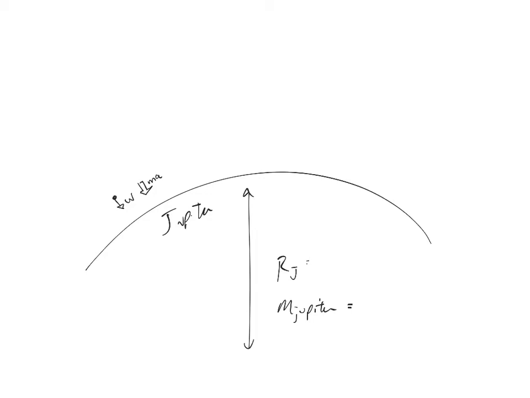Are you folks good there? Because the net force has to be equal to the force due to gravity, which is the only force acting if an object's in free fall on Jupiter. So right now you're looking up the radius of Jupiter and the mass of Jupiter. When you have that, let me know. I got one more thing though.